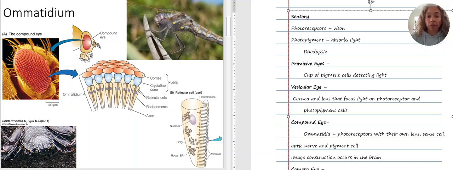And this system can widen the field of view with many ommatidia. As an example, the dragonfly has over 10,000 ommatidia. However, because each ommatidium is acting as its own eye, image construction must occur in the brain instead of the retina, as seen in vertebrates.